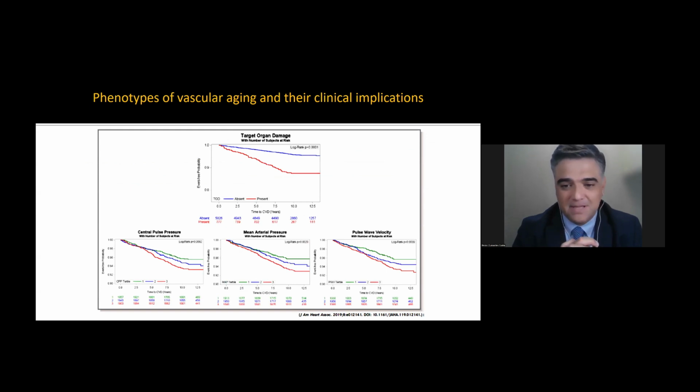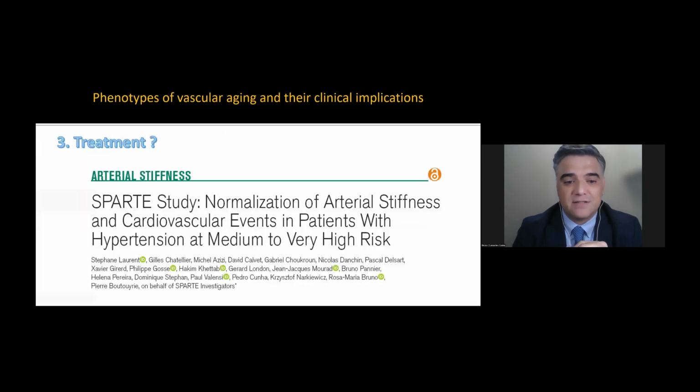And as you can see, if it is true that target organ damage is very important in determining the cardiovascular risk, so are other markers of arterial function, and obviously that determine different phenotypes of vascular aging in the development of cardiovascular disease.